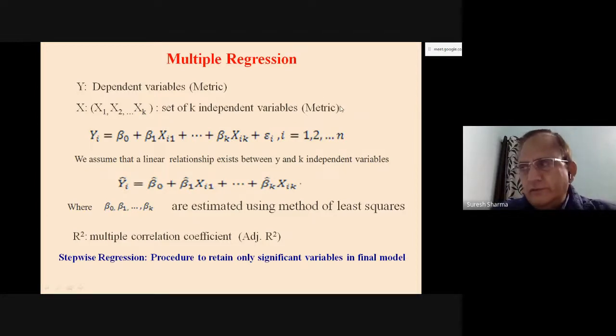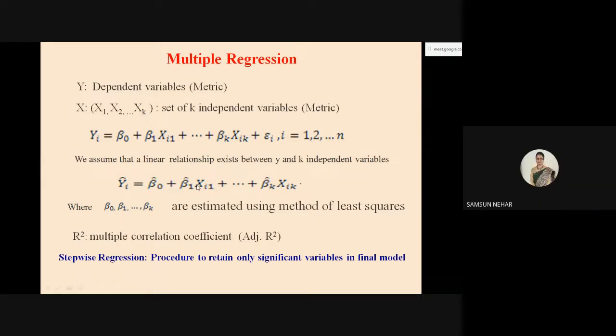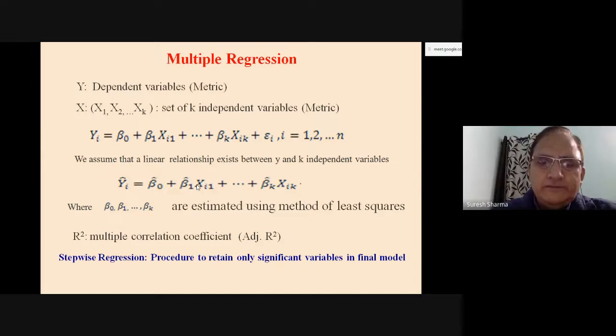Of course, there are techniques to include categorical variables in a multiple regression model, and those techniques are called multiple regression with dummy variables. But that is beyond the scope of this workshop. Any other question, please?